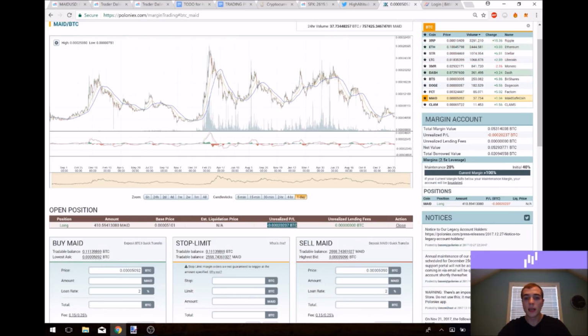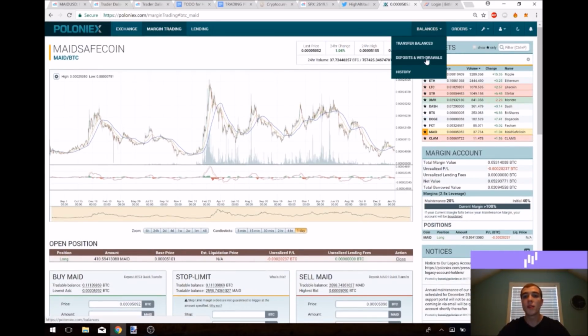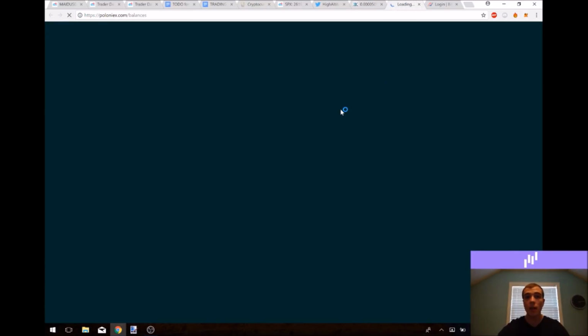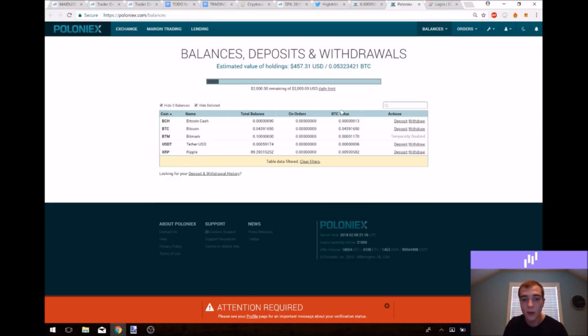But when this is in a profitable position, this unrealized profit loss will be green. And then if you press close, it will add whatever this number is into your margin account. Now, it's unrealized. So if this says 0.1 Bitcoin up, and so it's not red, let's imagine this was green. If it said 0.1 Bitcoin up, and then you go check your deposits and withdrawals, and you're like, how come I don't have 0.1 Bitcoin in my US dollar value right now?